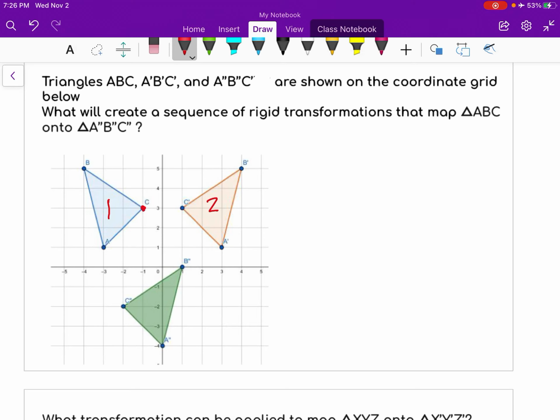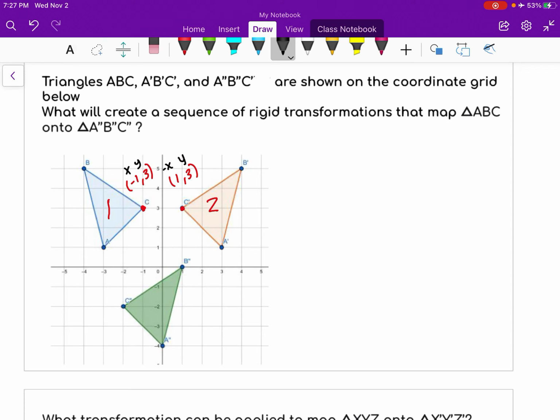So let's choose point C to compare. Point C is at the coordinate -1, 3. However, C prime is at the coordinate +1, +3. If we think about what's happening here, we started off with x, y, and our x coordinate just became negative.